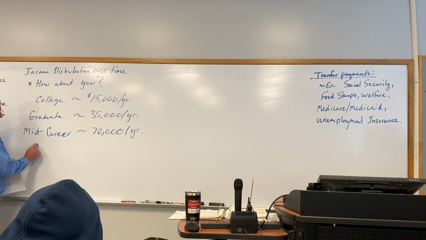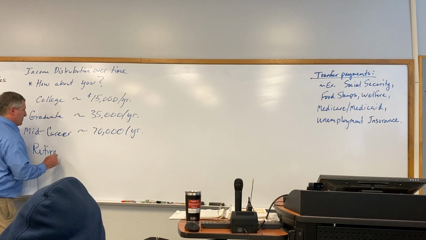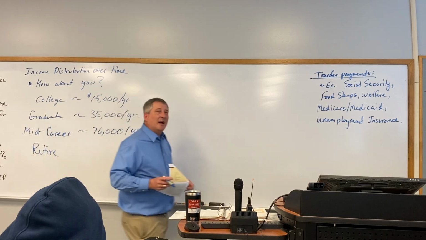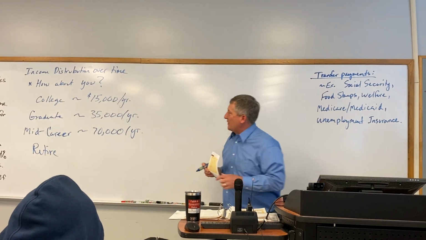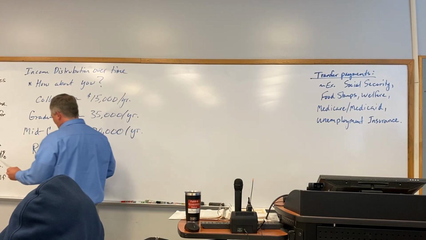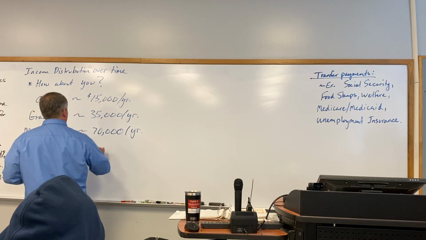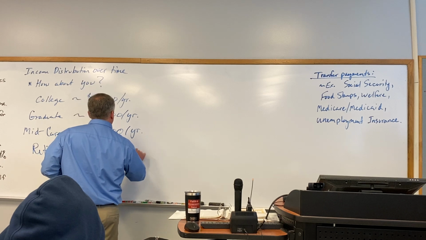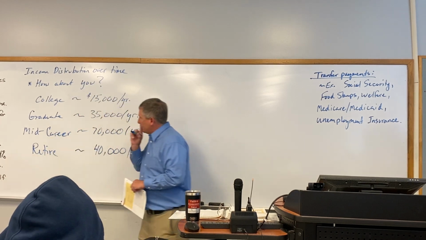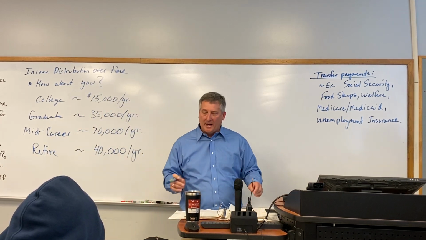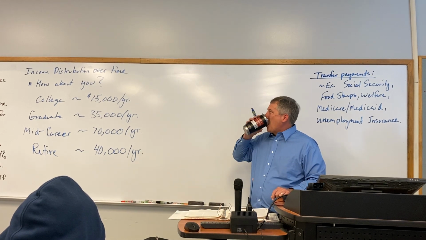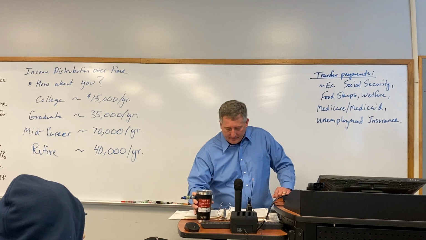And then you retire, and you've been doing some stuff that your personal finance professor taught you, and so you've got a nice savings built up. When you retire, your savings and maybe some other things are bringing in $40,000 a year worth of income from your 401k and your 403, other retirement savings that you did.